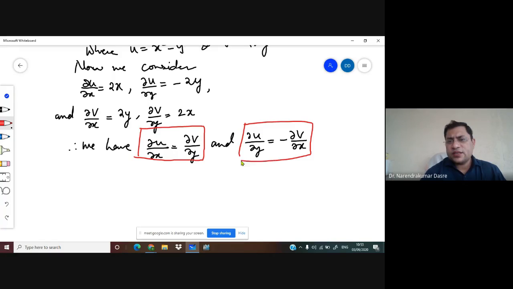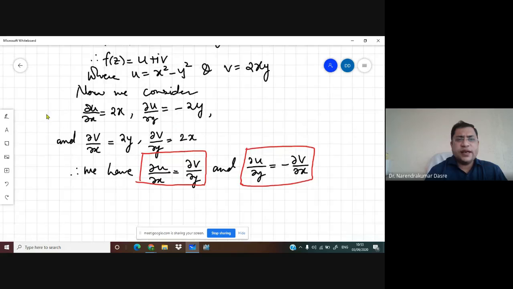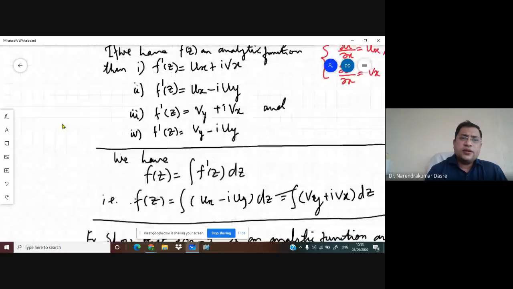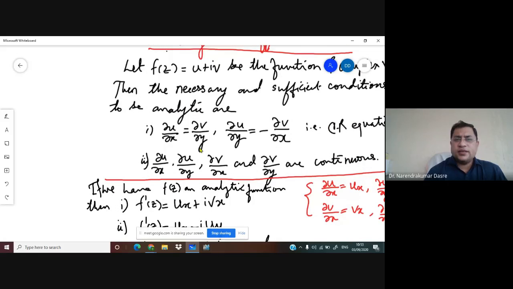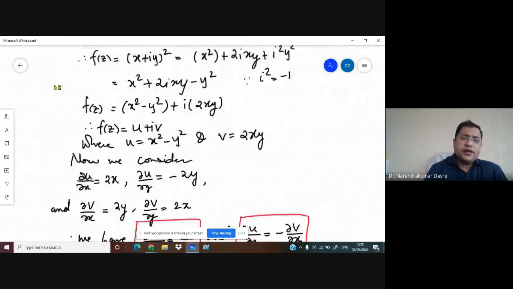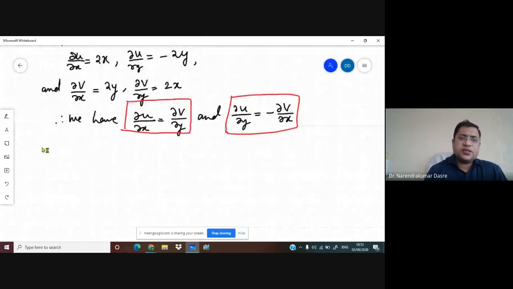See these equations. Okay. So we have to check whether these are exactly the CR equations or not. So you can see these equations, ∂u/∂x is equal to ∂v/∂y, and ∂u/∂y is equal to minus times ∂v/∂x.